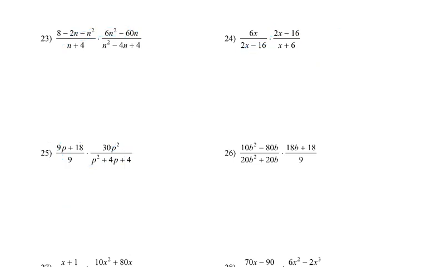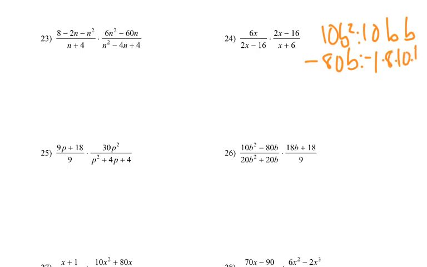Okay, number 26. 10b squared, 10 and a b, negative 80b, negative 1 times 8 times 10 times b. So a 10 and a b can get pulled out. So that would become 10b times, and a b is left over, and a negative 8 is left over.